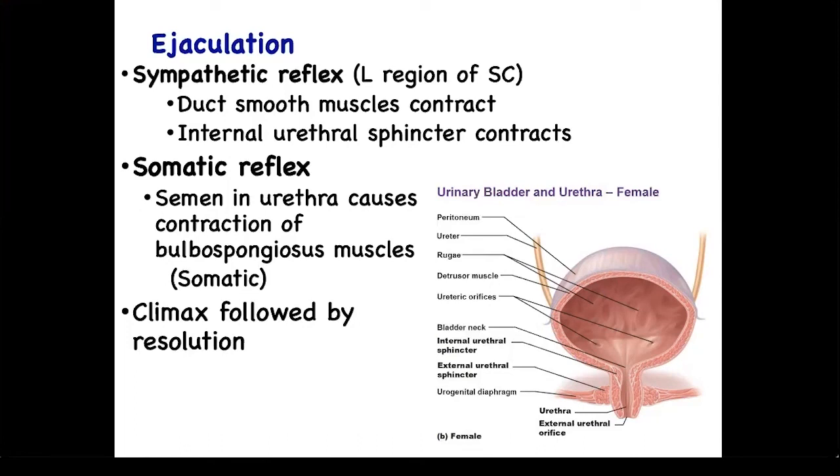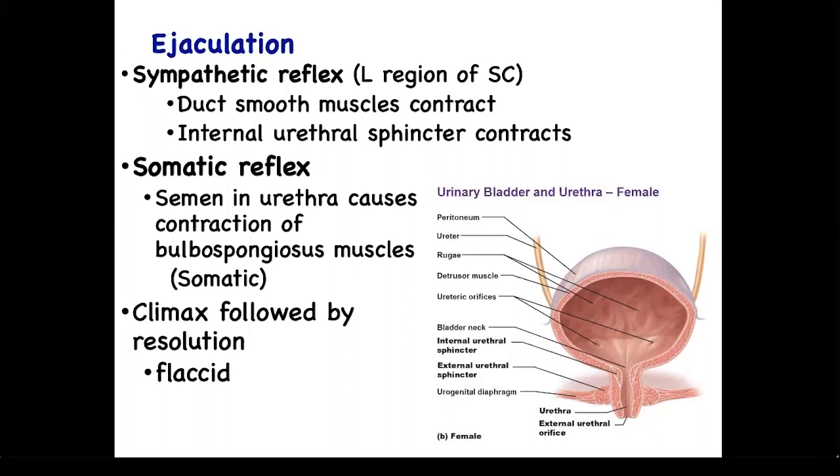During orgasm, there is a sensation of pleasure, tachycardia, which is increased heart rate, also elevated blood pressure, and muscle contractions. Climax is followed by resolution, when the penis becomes relaxed once again.